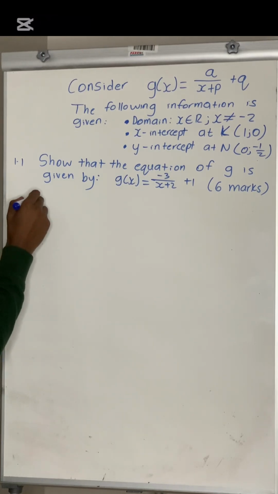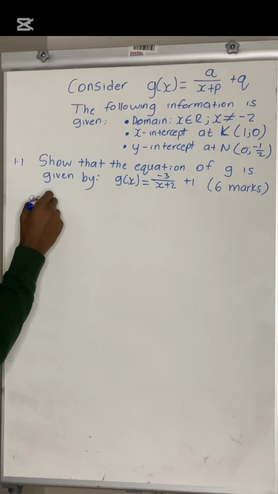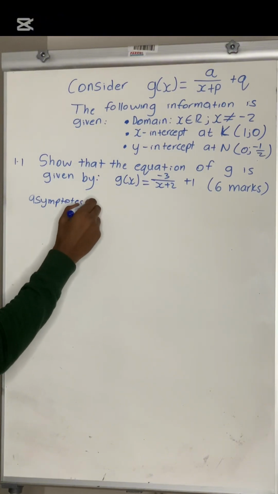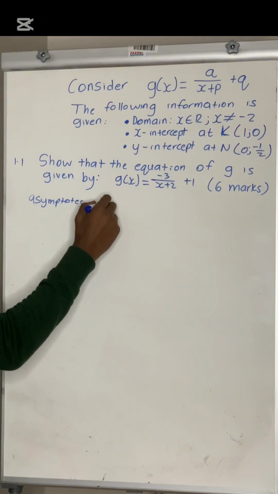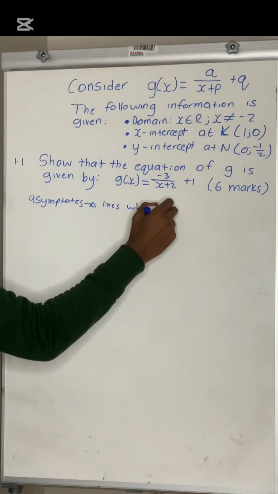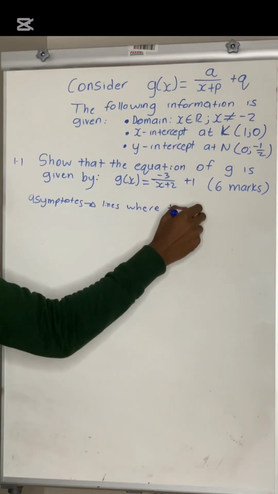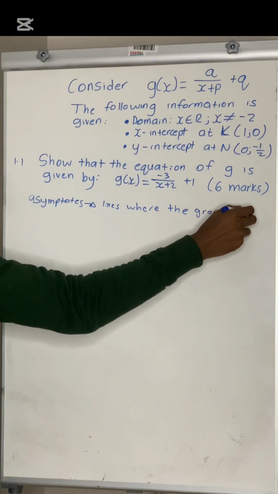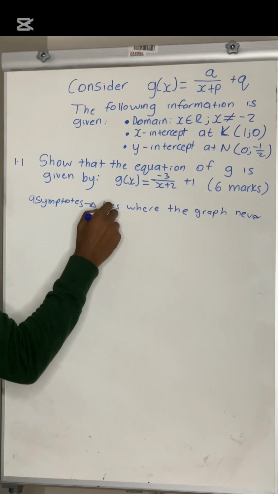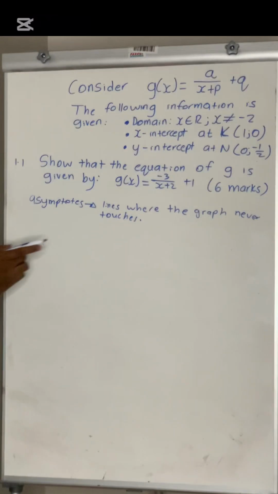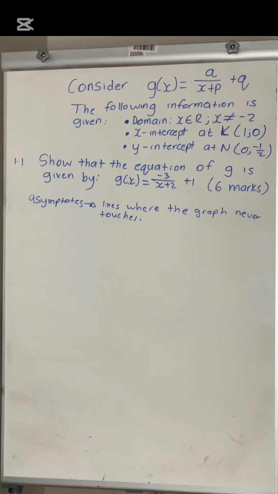The asymptotes are the lines where the function or graph never touches. So we have our asymptote where x cannot be equal to -2.